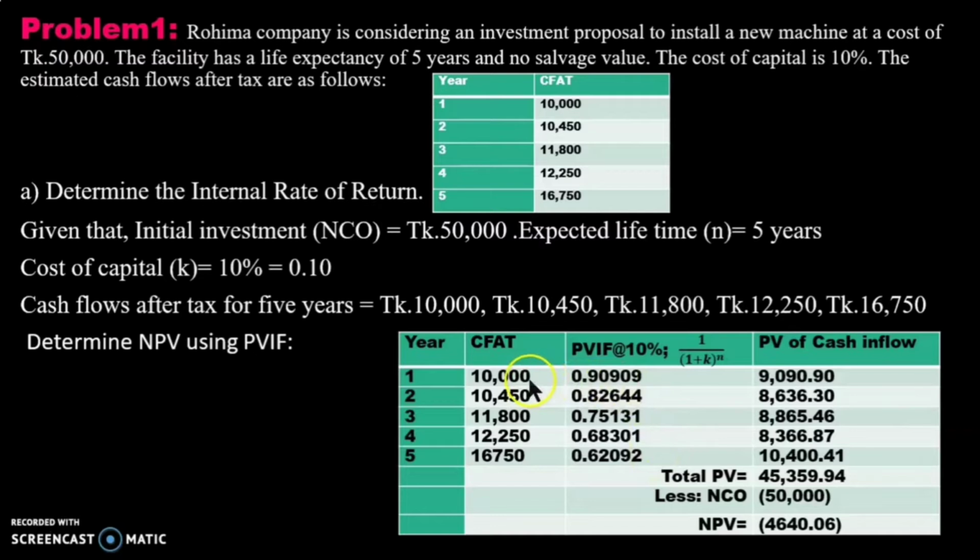Now 10,000 multiplied by 0.90909, then we will get the value 9,090.90. And second year, 10,450 into 0.82644, then we will get the value 8,636.30.